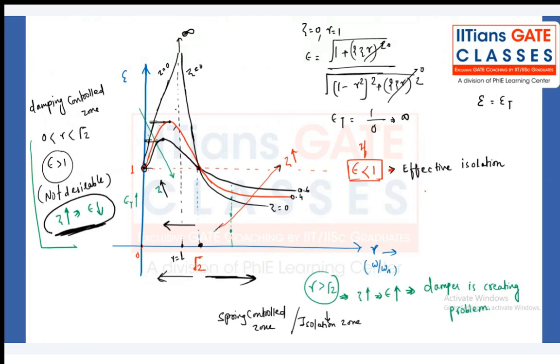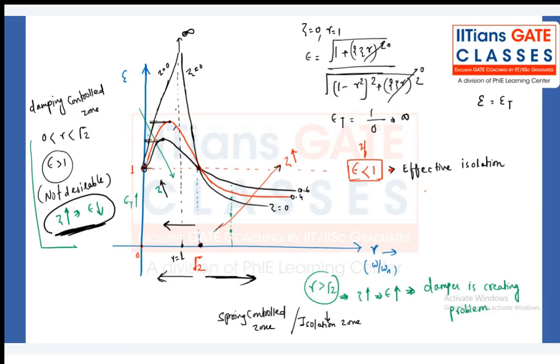Now tell me, guys, which thing you will require. If you are working in the zone between 0 and root 2, should I increase my zeta? Just look at this particular graph and tell me.